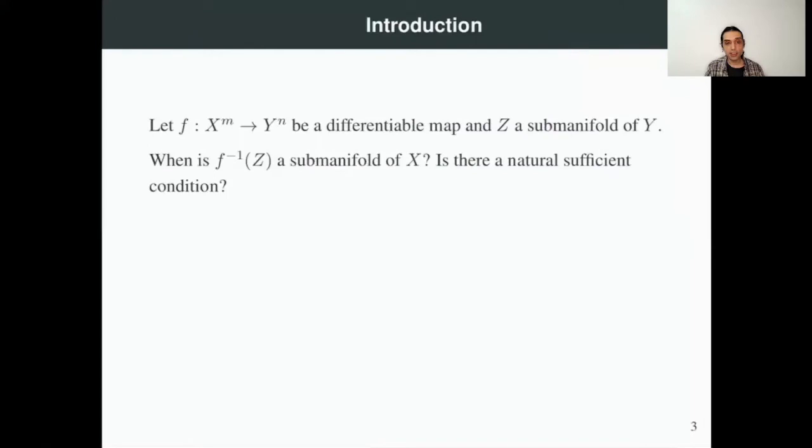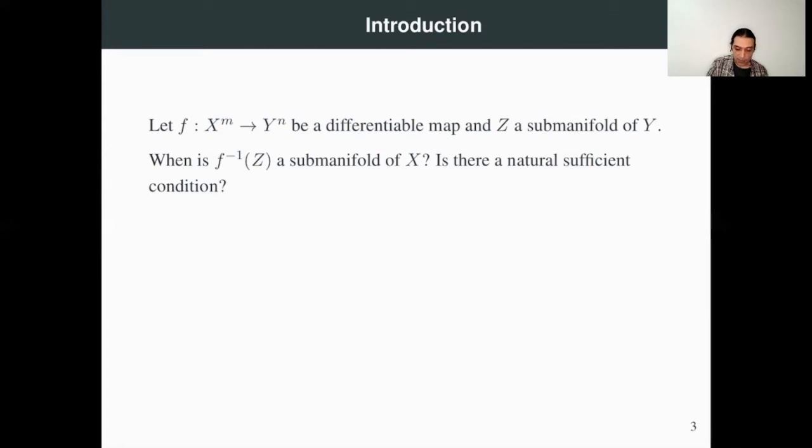What we want is to know, if possible, when the preimage of the submanifold is indeed also a submanifold of X, and whether or not there is a natural sufficient condition. Of course, we don't want to know when the preimage is a submanifold in every case. We want that, but that would be incredibly hard to do.